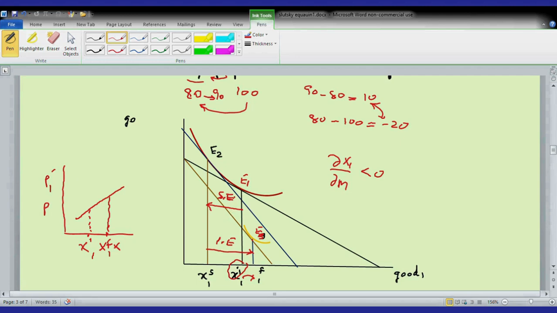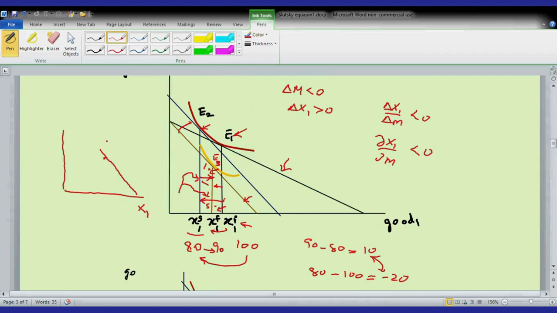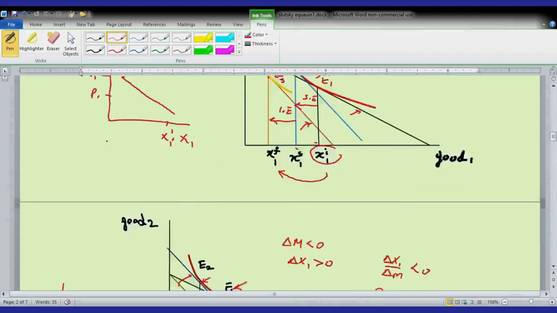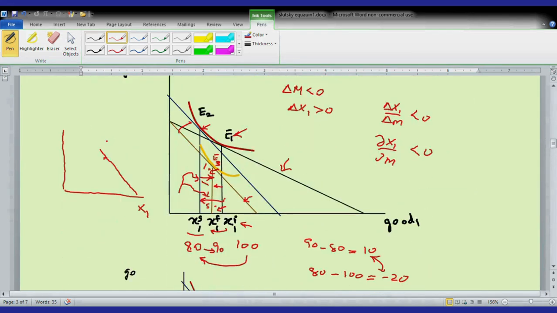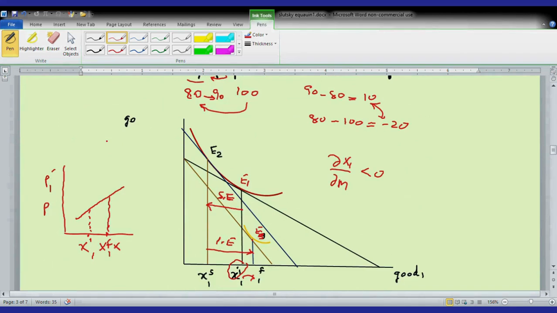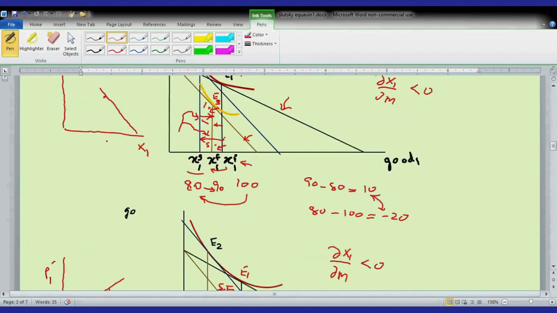So remember one thing: in the case of a normal good, the demand curve is unambiguously downward sloping, because the two effects are reinforcing each other. In the case of an inferior good, both possibilities exist. Like here, when the demand curve is downward sloping, it is a little bit steeper though, and in this case where the demand curve is upward sloping, we can say that if the good is an inferior good, any possibility exists.